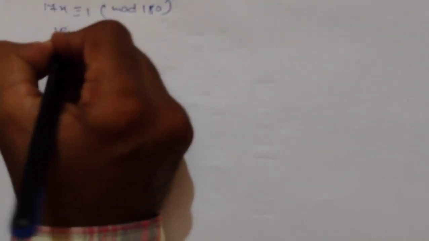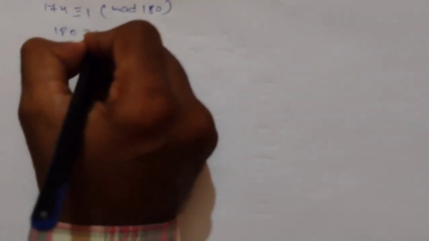Now we observe that 180 can be written as 4 into 5 into 9.